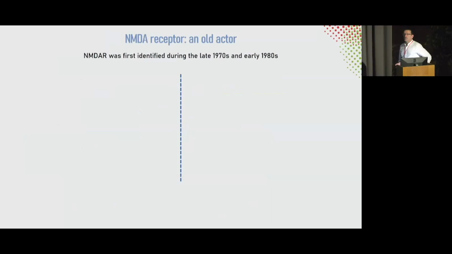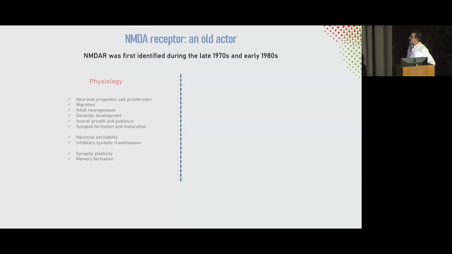I want to point out that the NMDA receptor is really an old actor because it was first identified in the late 70s and beginning of the 80s. Since then, we know that the NMDA receptor plays a critical role in many physiological processes like neuronal progenitor proliferation, migration, neurogenesis, dendritic development, axonal growth and guidance, synapse formation, and maturation.